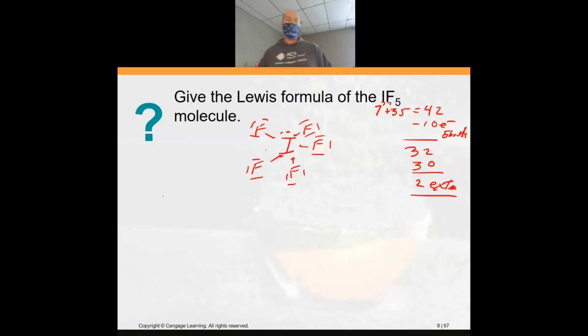All right, so then we are going to ask for the number of bonding directions. All right, and we're also going to ask for the number of lone pair directions.